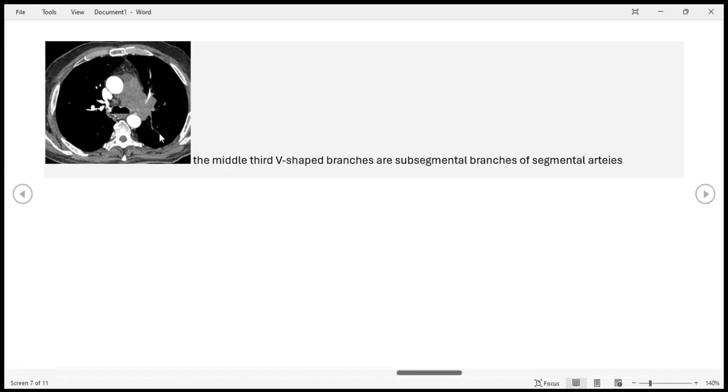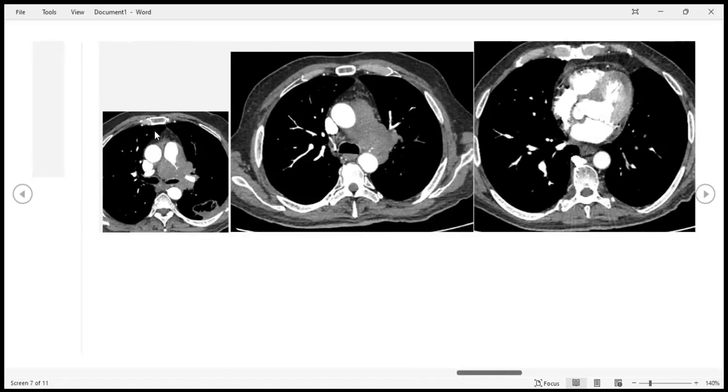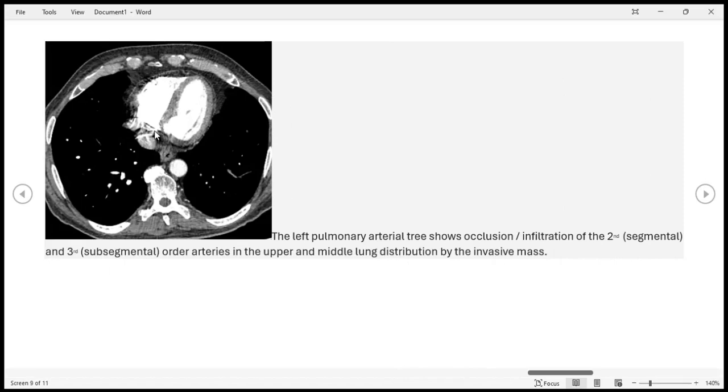The branches here, okay, are not enhancing, indicating infiltration by the invasive mass.